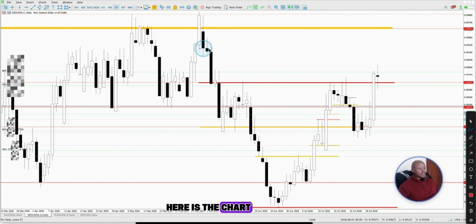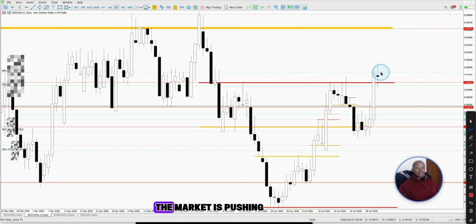What you see here is the chart of the New Zealand dollar versus US dollar, opened in a daily time frame. As you can see, this is how the market closed, guys. This candle closed above 616. The closing of this candle confirms the breakout on this level, 616, and it also exposes this level, 623.